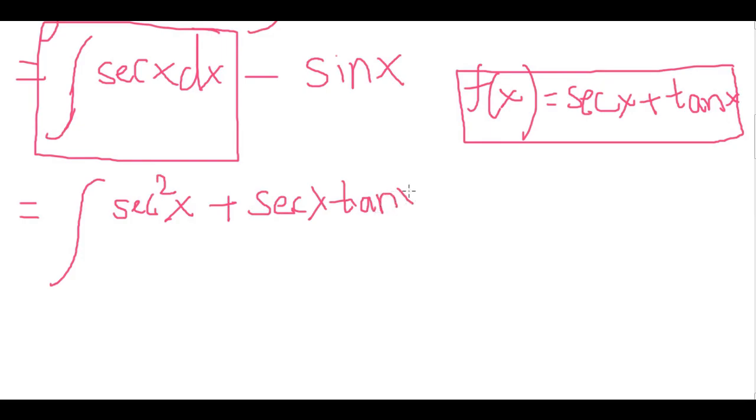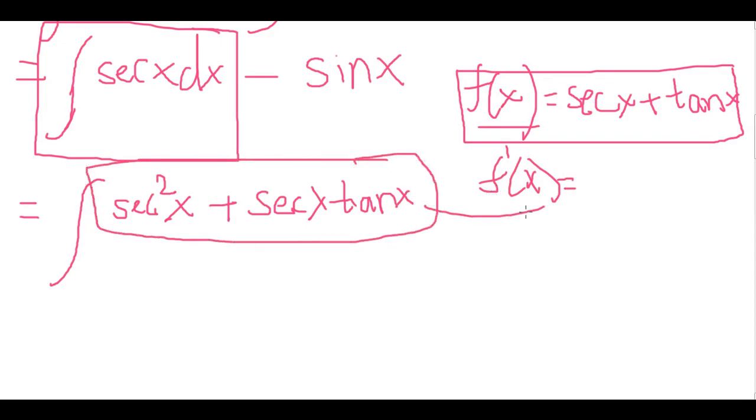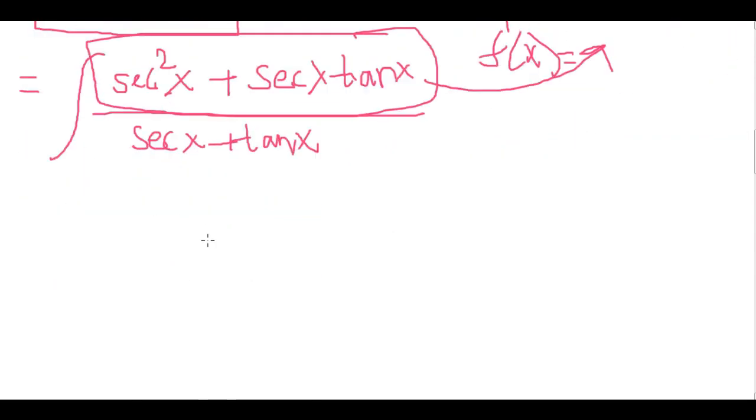The reason I'm doing this is because the derivative of f of x is equal to this here. I can later replace this by f dash x. So we have divided by f of x, which is secant x plus tan x.